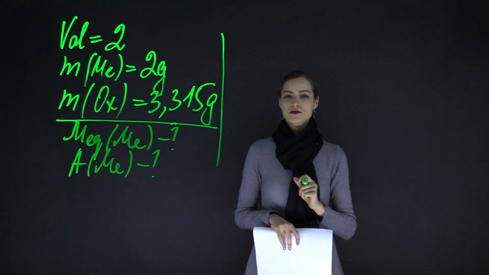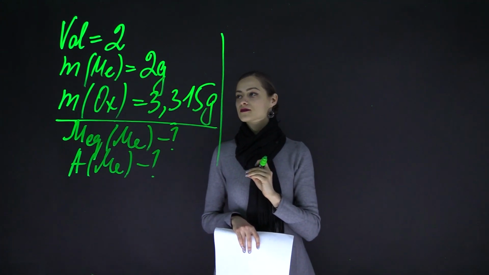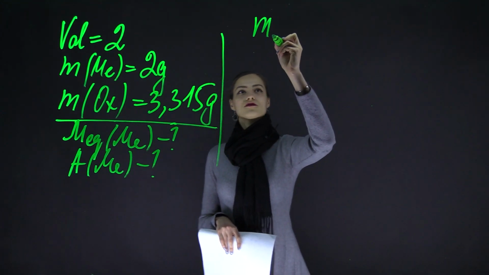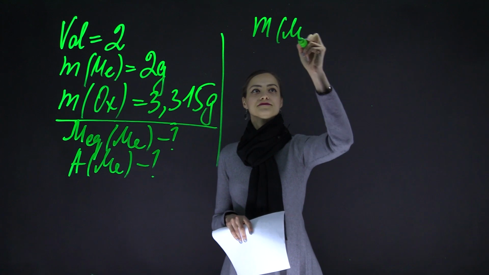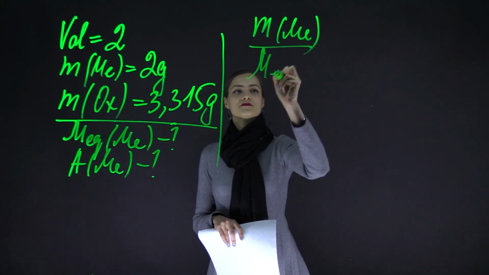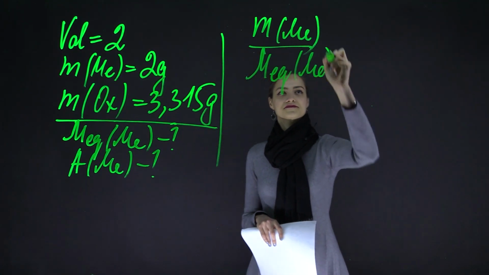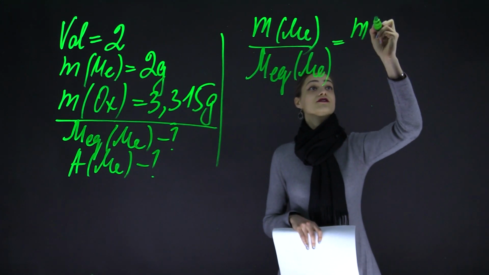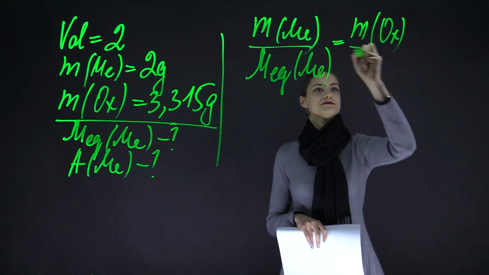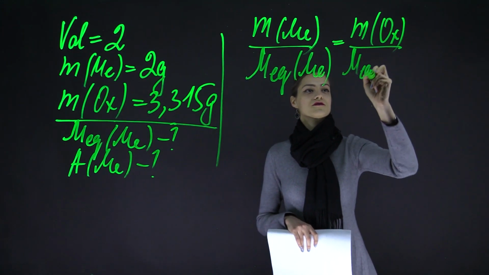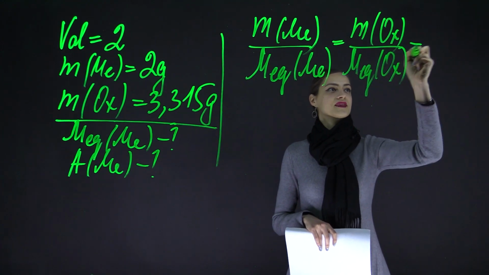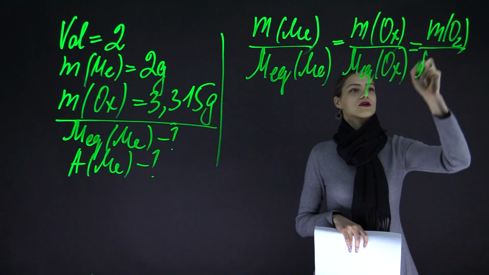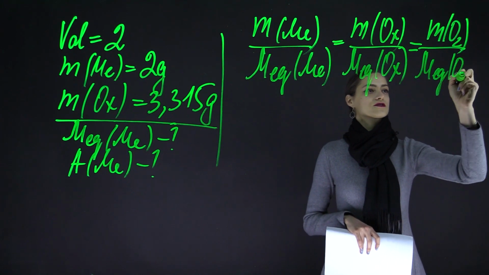According to the law of equivalence, the second mathematical equation, the mass of metal over the equivalent mass of metal is the same as the mass of oxide over the equivalent mass of oxide, and the mass of oxygen over the equivalent mass of oxygen.